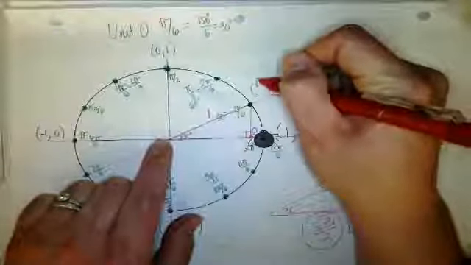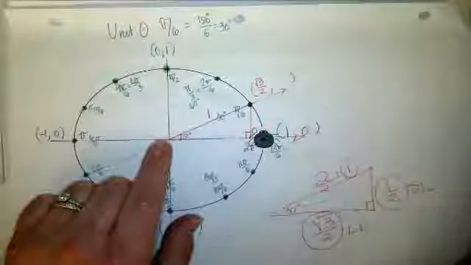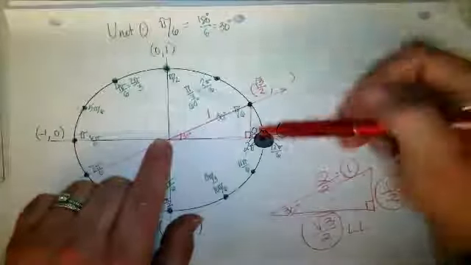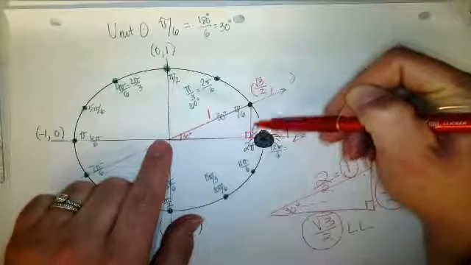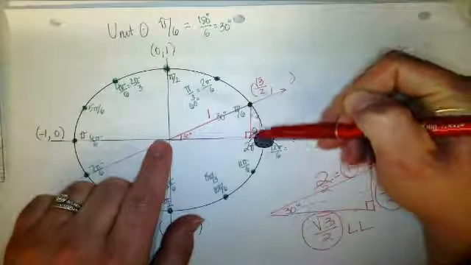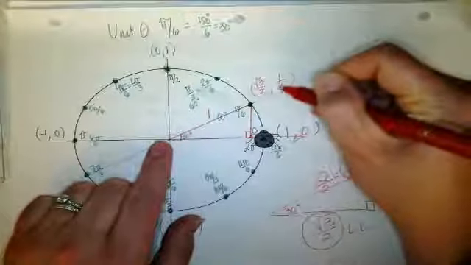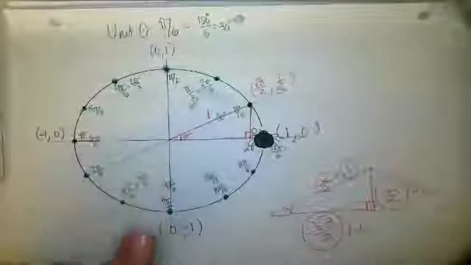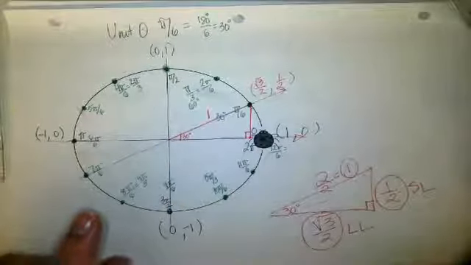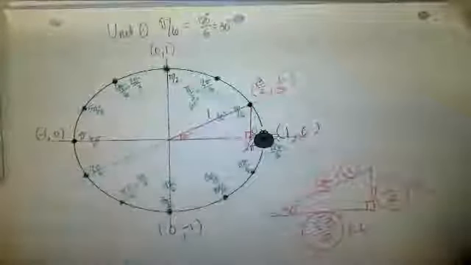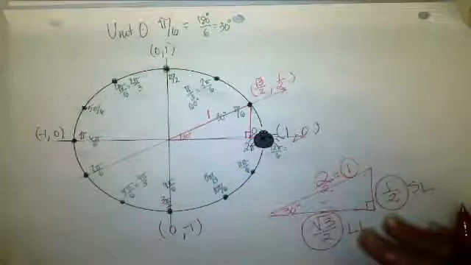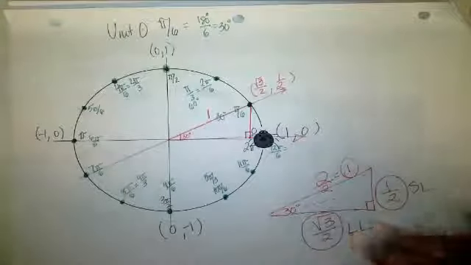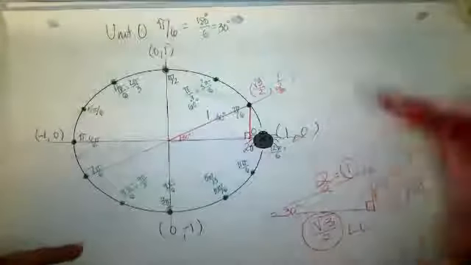It's radical 3 over 2. And then this is the short leg. How long is that? 1/2. That's right. So now we know that ordered pair.